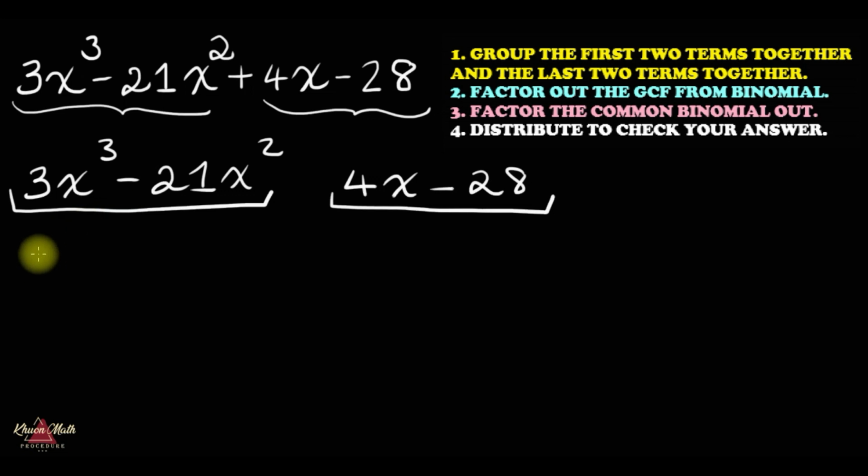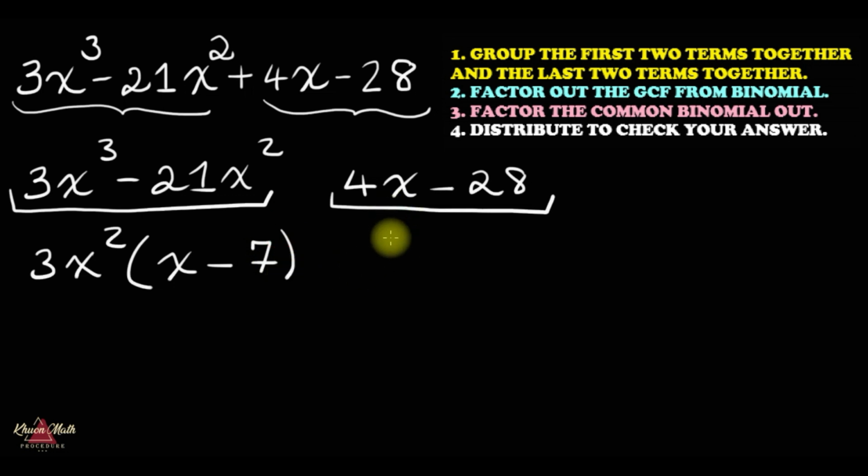And then we need to pull out an x squared. So we need to pull out 3x squared. 3x squared times what gives you 3x cubed? Well, that's just going to be x. And then 3x squared times what is 21x squared? Well, 3 goes into 21 7 times.